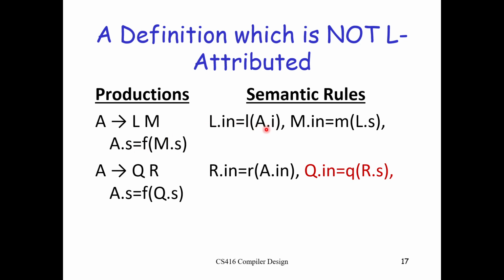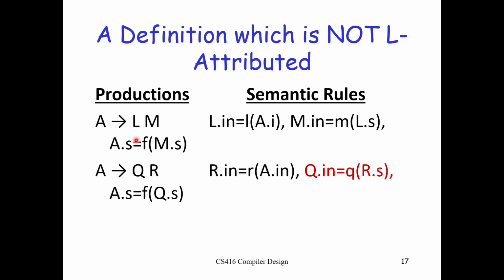But in the case of L attributed definitions, the restriction applies to inherited attributes. It says that it can inherit only from its parent or from its left sibling. Is that true in this case of A gives LM? Let us examine. L is getting the value from A, M is getting the value from its left sibling. So it is okay.